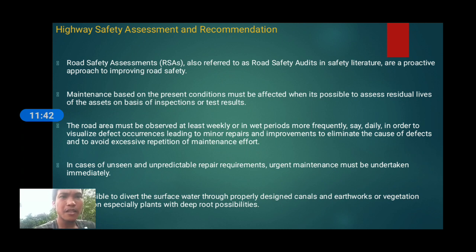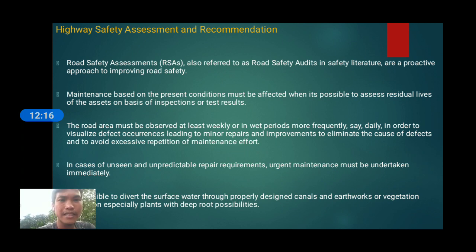Maintenance based on the present condition must be effected when it is possible to assess residual lives of assets on the basis of inspection or test results, and the road area must be observed at least weekly, or in wet periods more frequently, say daily, in order to visualize defect occurrence, leading to minor repairs and improvements to eliminate the cause of defects and to avoid excessive repetition of maintenance effort.